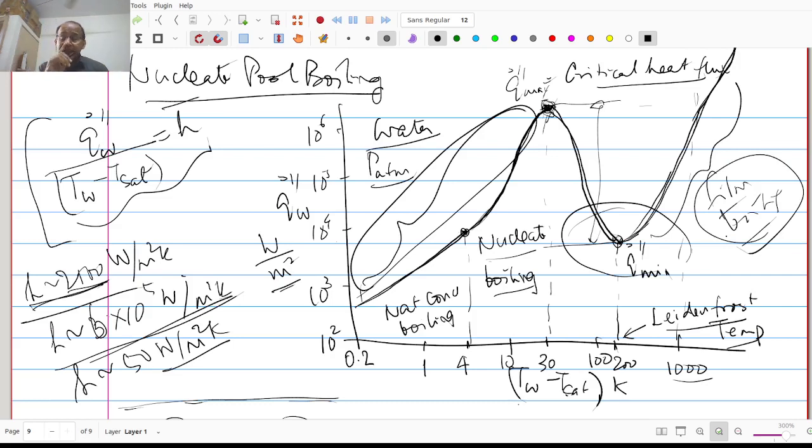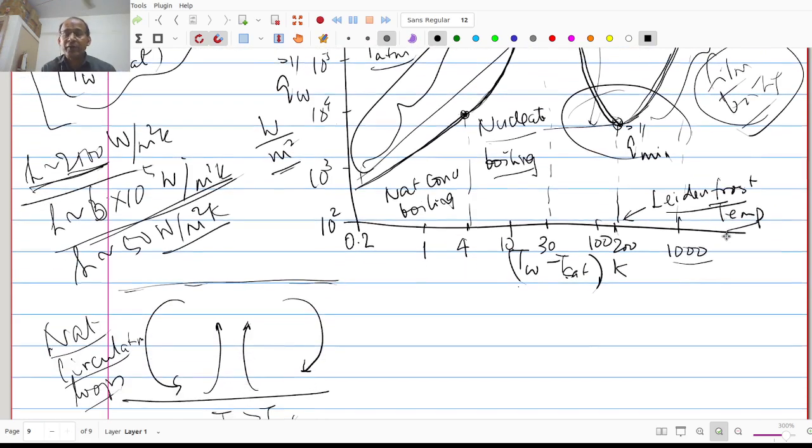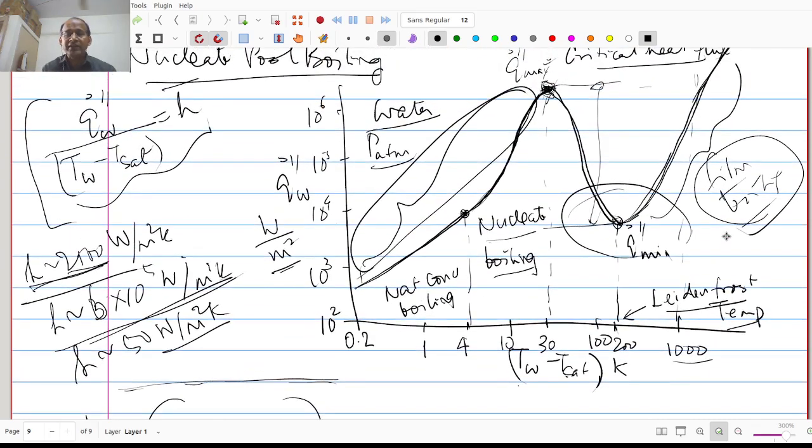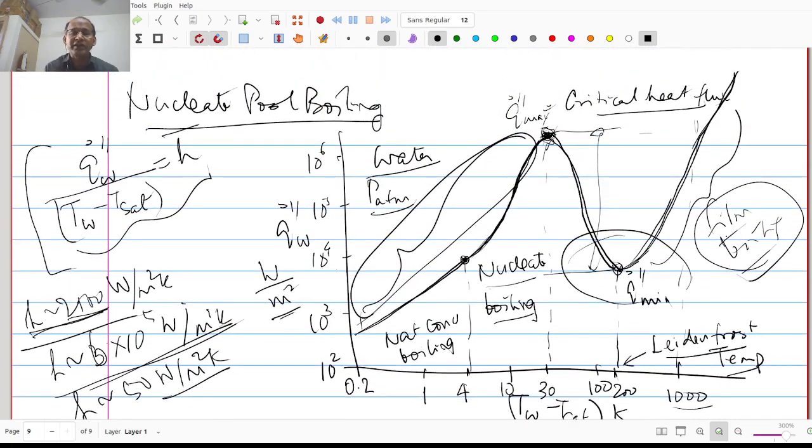The second thing that one needs to understand is that this curve, if I want to generate it experimentally, is not possible in a straightforward manner. The first person who experimented with this nucleate pool boiling curve is attributed to Nukiyama, a Japanese scientist. So this is called Nukiyama's curve, or Nukiyama's pool boiling curve.